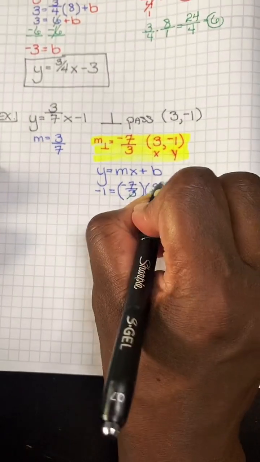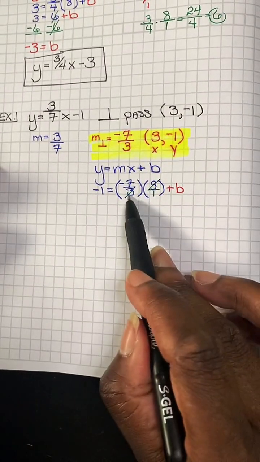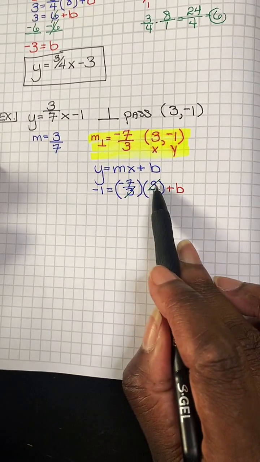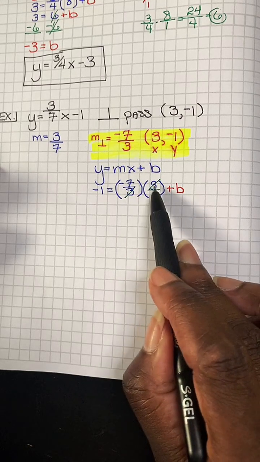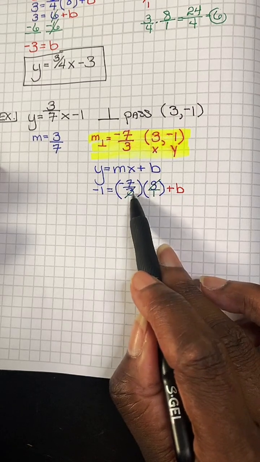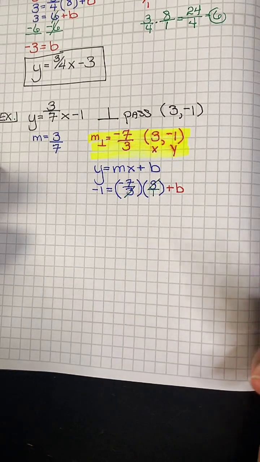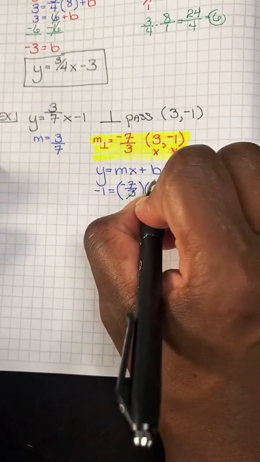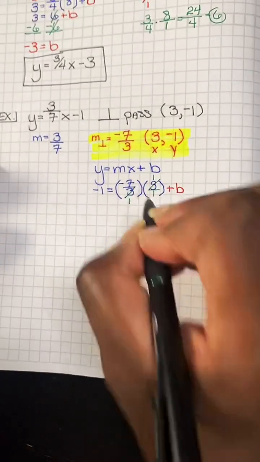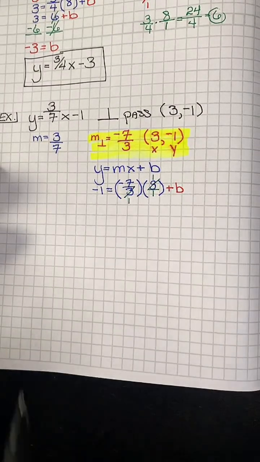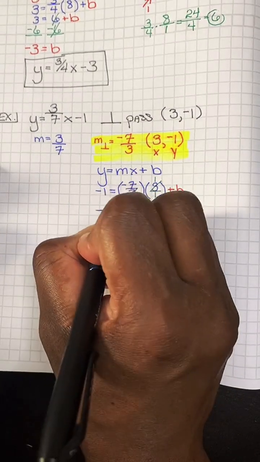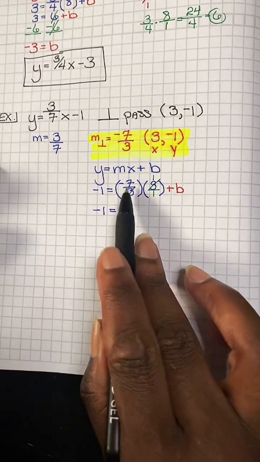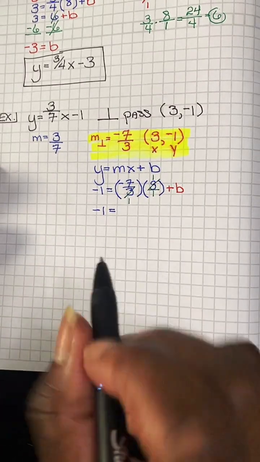So the reason why these 2 can cancel is because we have a 3 in the numerator, a 3 in the denominator. So it's almost like me saying 3 divided by 3. 3 divided by 3 will give me 1. So we got 1 here, we got a 1 there. So now what's left is I got my -1 equals -7 times 1.